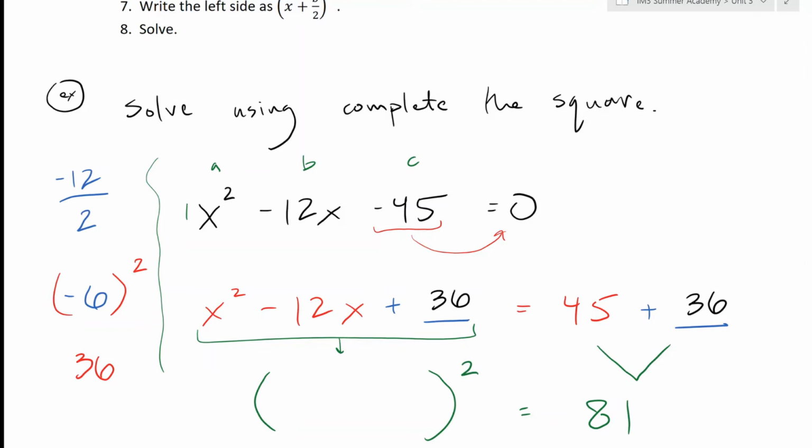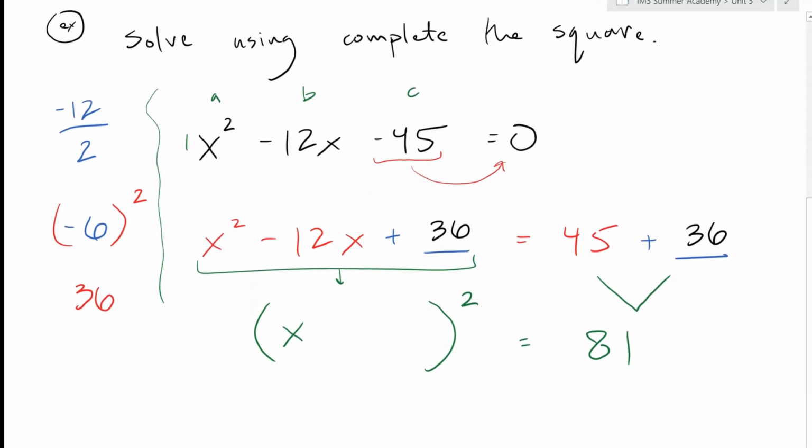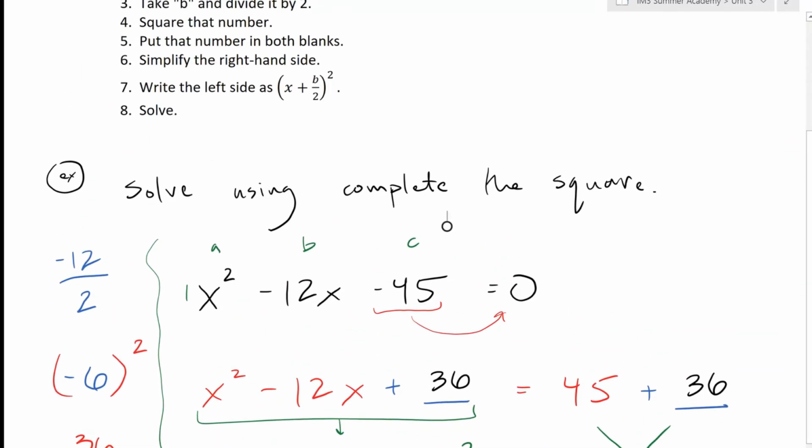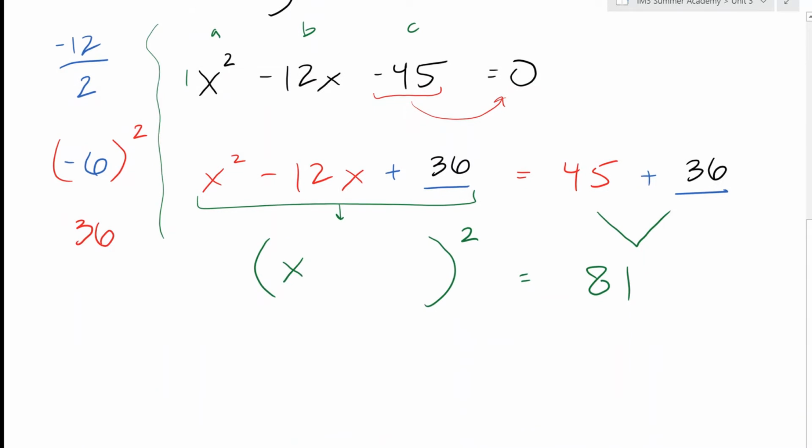That's the square part of it. There's 2 of them. It's squared. We're going to write the x, and in the second blank, you're going to want to put b over 2. Now remember, b was negative 12 over 2. That term that we're going to put in there is the one right above our 36, the negative 6. So right here it's going to go negative 6.